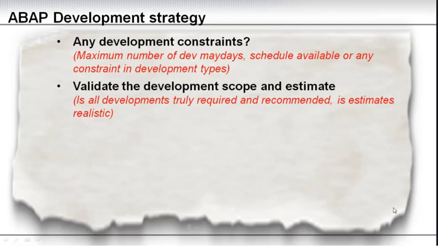Then we need to validate the development scope and the estimate. During the business blueprint, the functional team would have recommended a number of developments needed in order to supplement the SAP standard process. Those developments have been signed off during the business blueprint sign-off process, and as part of that sign-off, the functional team must do a high-level estimate of the effort.